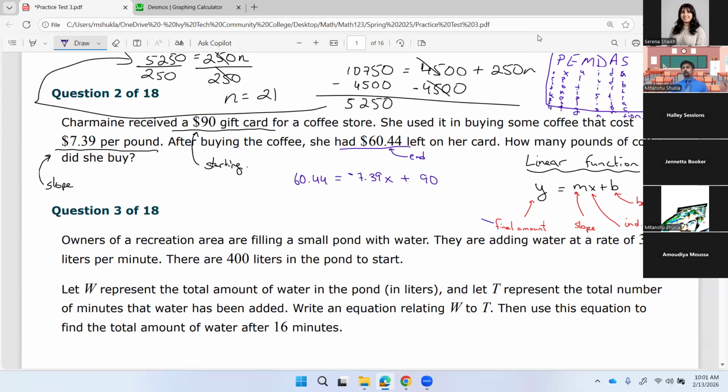It's saying that 60.44 is equal to minus 7.39x plus 90. It's not showing us any subtraction. Is it showing us addition? Yeah, that's exactly right. How do I undo that addition?